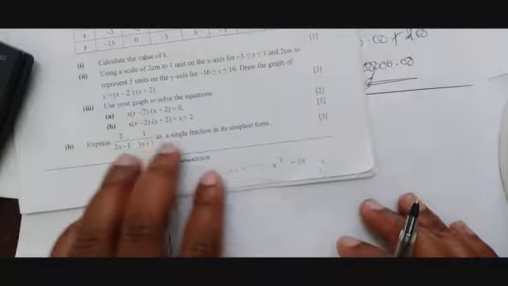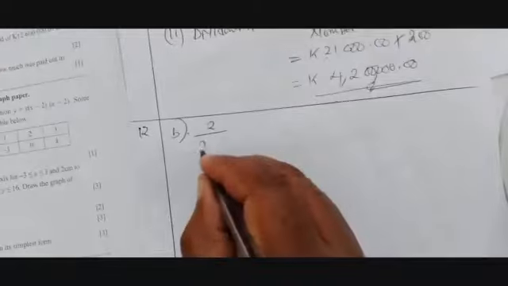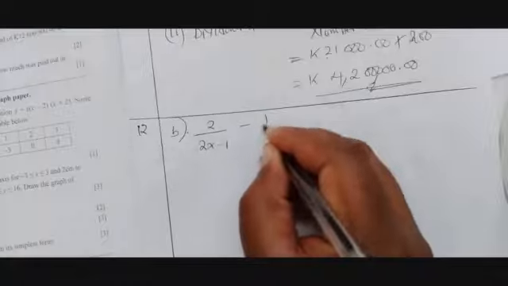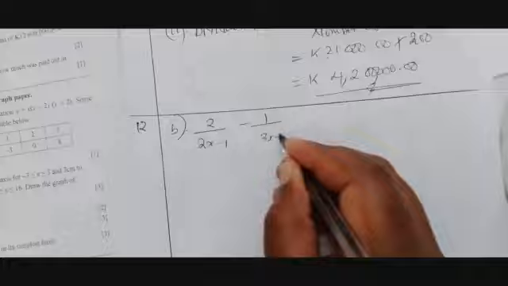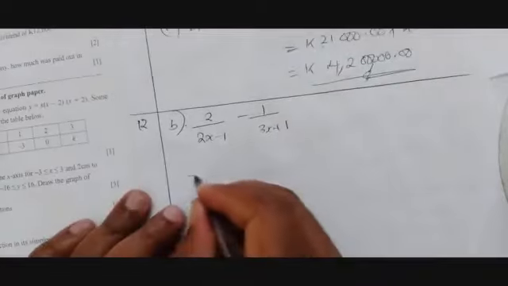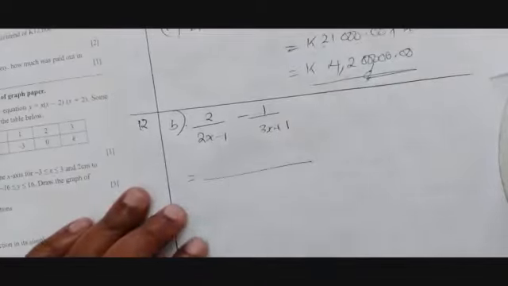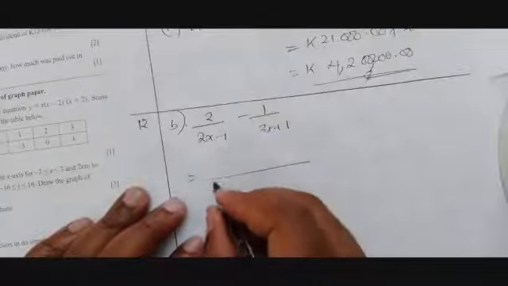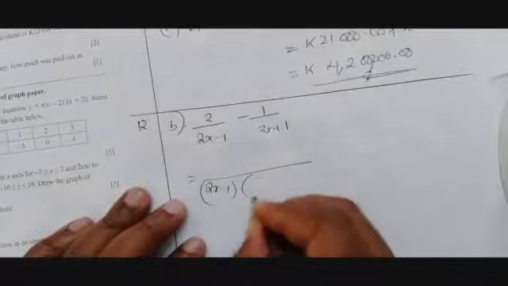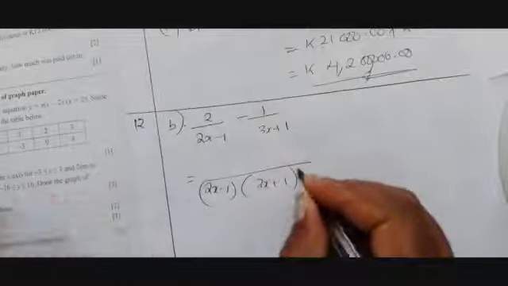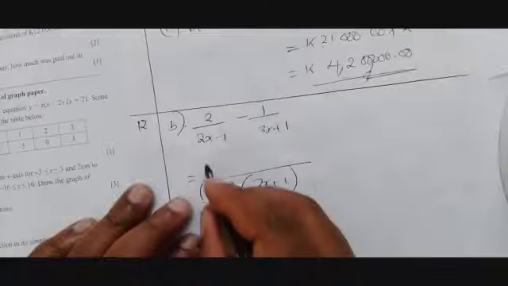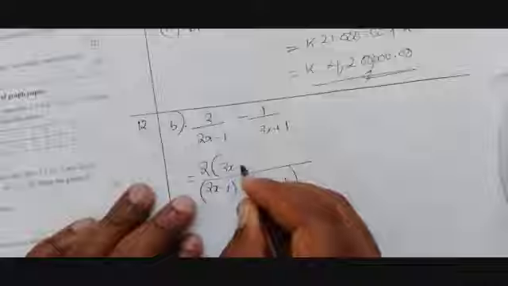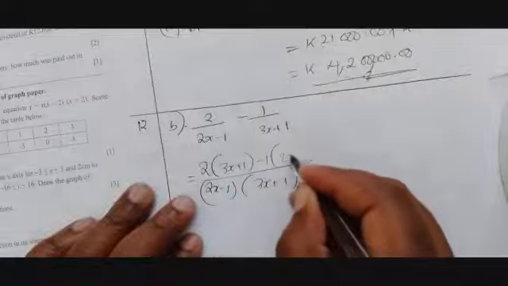What is 12B? Express these fractions as a single fraction. Now we have 2 over 2x minus 1 minus 1 over 3x plus 1. So we get the multiple here by finding the product of these, 2x minus 1, 3x plus 1. Then you cross multiply. So 2 open bracket 3x plus 1, minus 1 open bracket 2x minus 1.